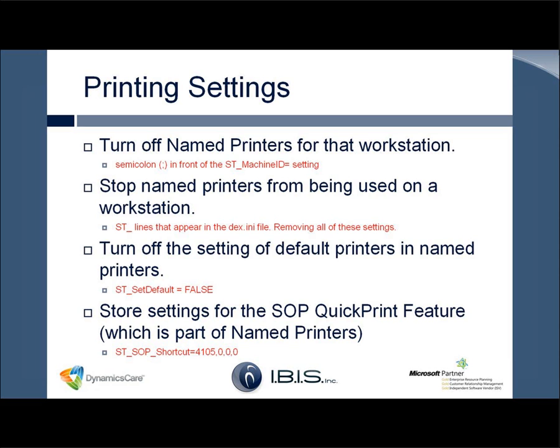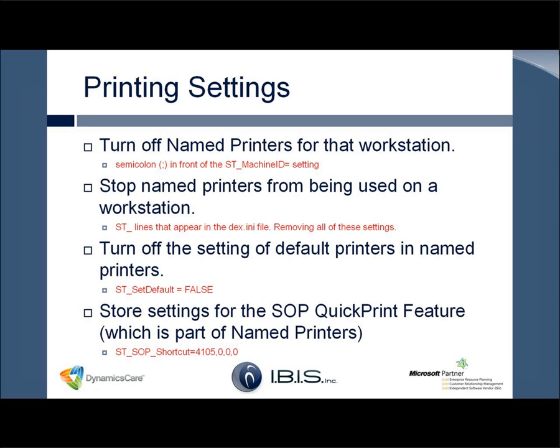Another related piece, I'll give you some resources to dig deeper into this, but when you're working in SOP, there's a quick print feature that is actually part of named printers. So options, quick print setup, some of these settings can actually be controlled via the DEX.ini file as well.